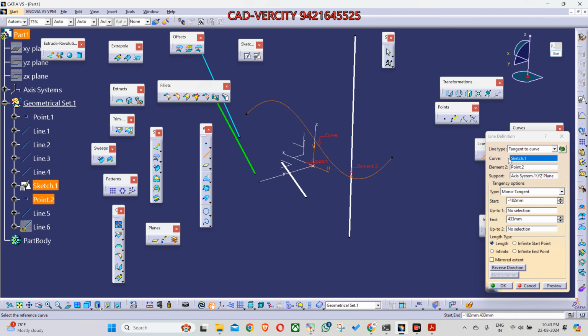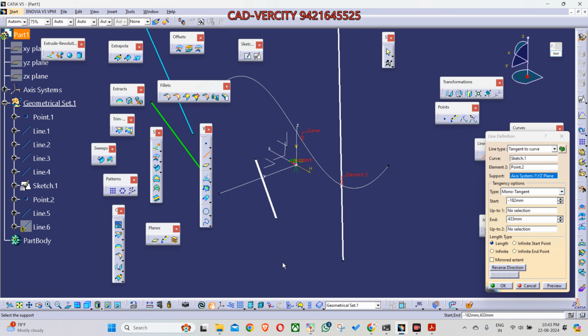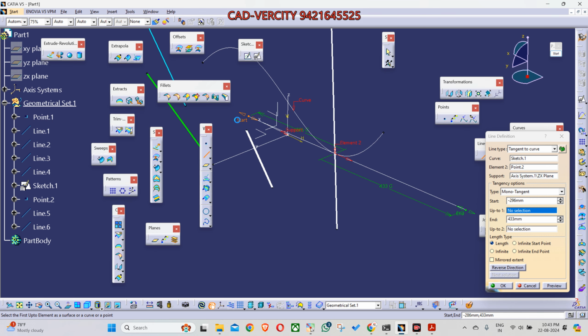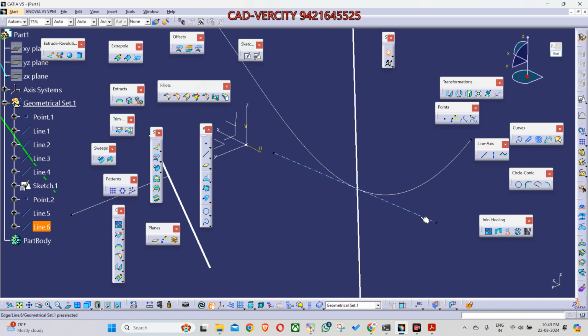Next option, tangent to curve. What is the support we have? Curve is this one, element is this point. What should be the support for the tangent line? ZX, where we drew the spline. Getting one line, yes or no? Press OK. Getting a tangent line on the same point. Make it yellow.